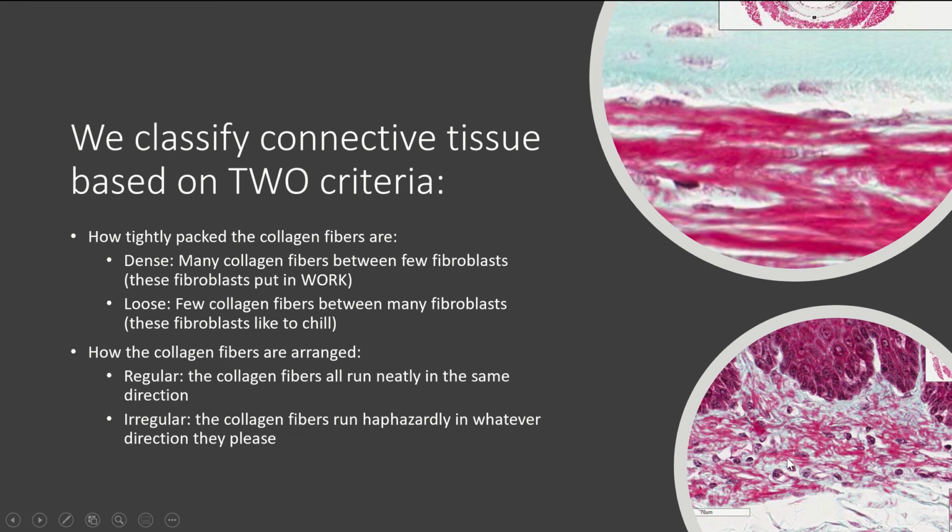There's a little bit of collagen in between all of them, but there's a lot of them here. And they haven't made near as much collagen as this one did all by itself. So they look kind of lazy. They're not really making all that much collagen compared to how many little workers there are here, how many little fibroblasts there are. So these fibroblasts like to chill, so I would call this loose connective tissue. So this is dense, this is loose connective tissue.